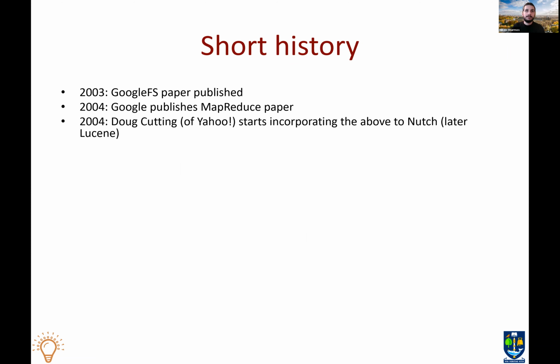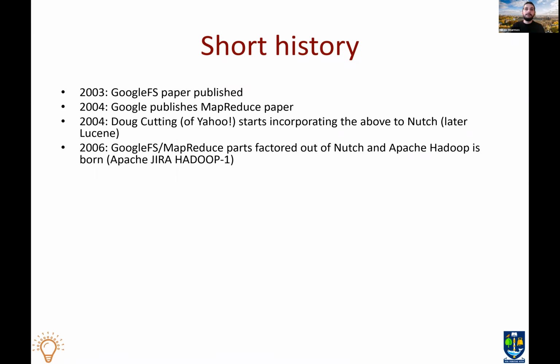That's when Doug Cutting, who you may know as the person behind Lucene, found that a really interesting idea and started incorporating MapReduce and Google FS into Nutch. Nutch is what later on became Lucene. A couple of years down the line, HDFS and MapReduce were factored out of Nutch and became their own thing called Apache Hadoop.